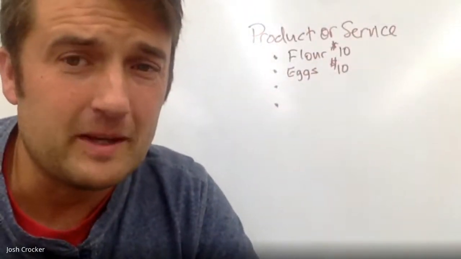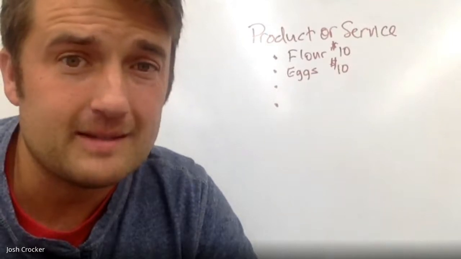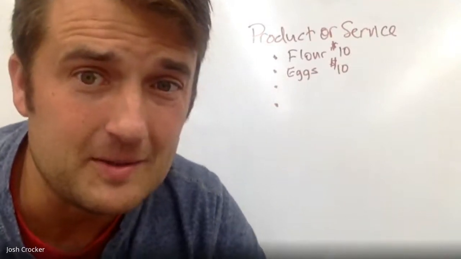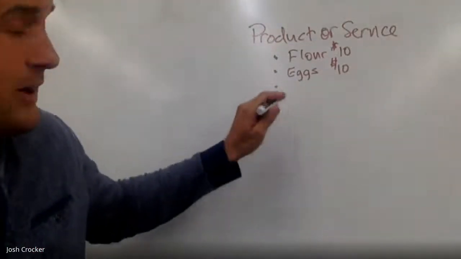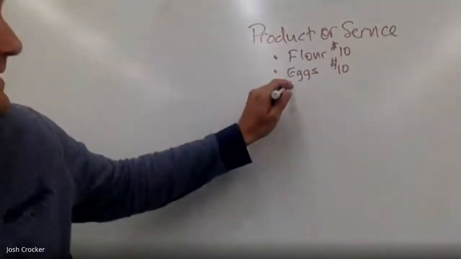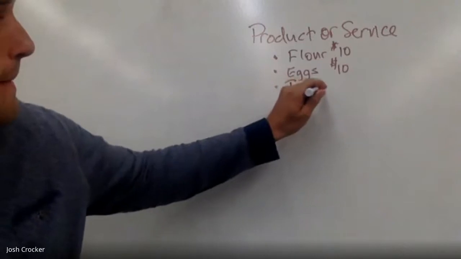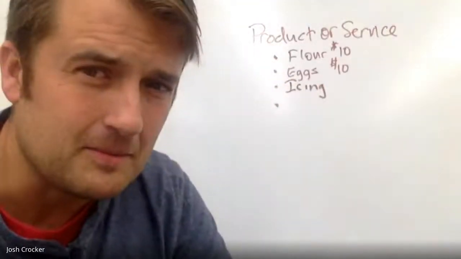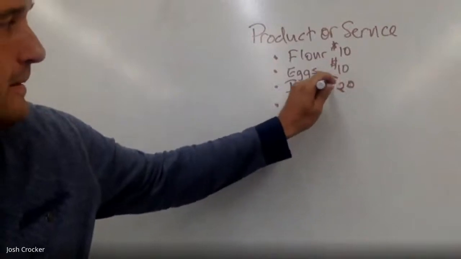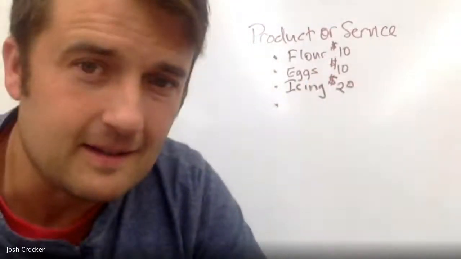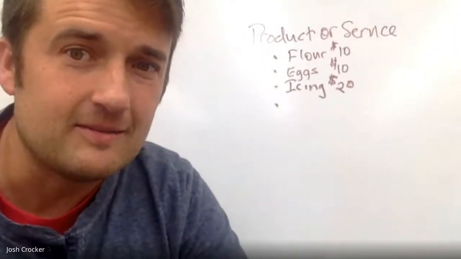Maybe you just want to buy the boxes of cupcake mix because, to be honest, I don't know what else goes in cupcakes. I don't bake very much, but I know I'm going to also need some icing. Icing might cost a little more. I'm going to put a lot of icing on my cupcakes because I want these things to sell.